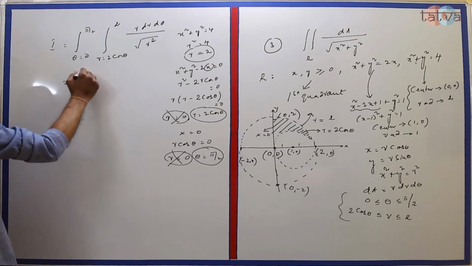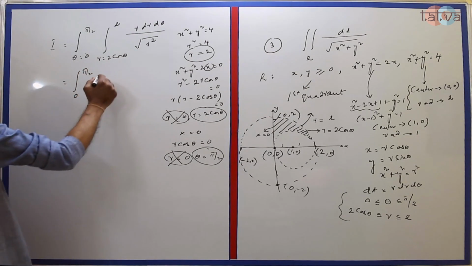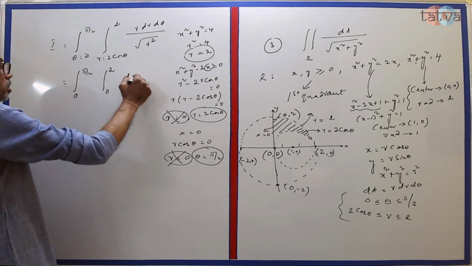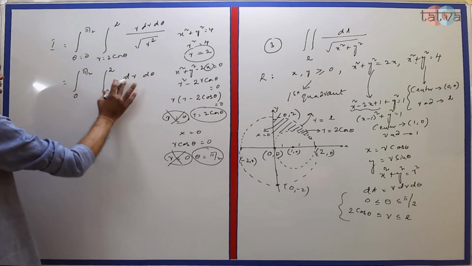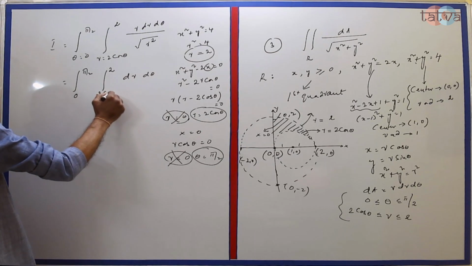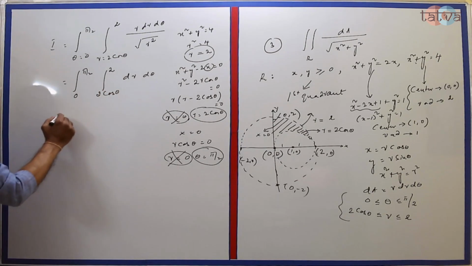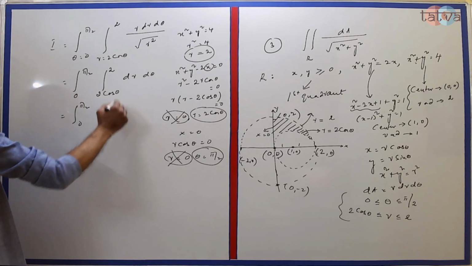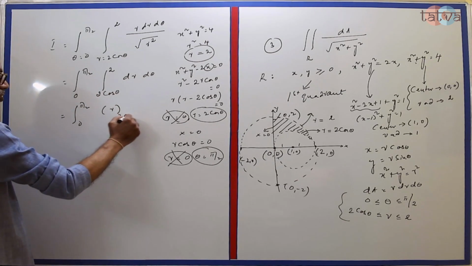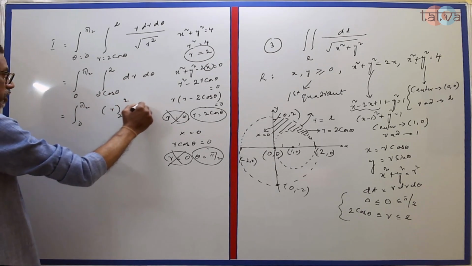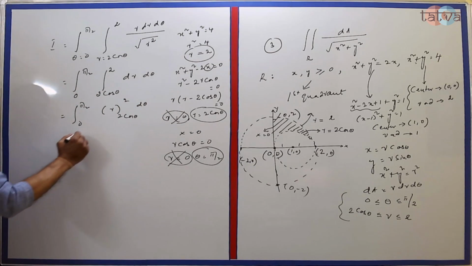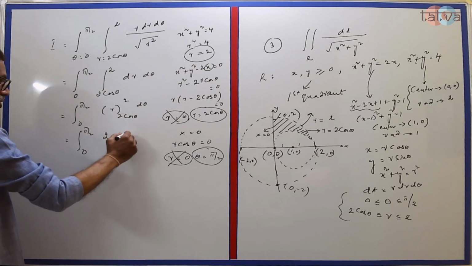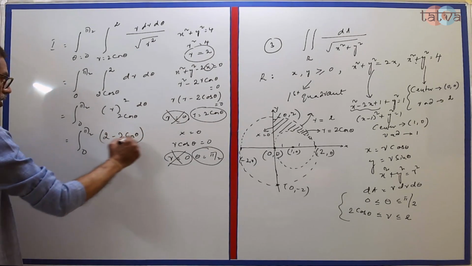I'll have the integral from 0 to pi by 2, and the integral of dr d theta, not 0 to 2, but 2 cos theta to 2. That would make things extremely easy. The integration of dr will be r from 2 cos theta to 2, d theta. So 0 to pi by 2, 2 minus 2 cos theta d theta.